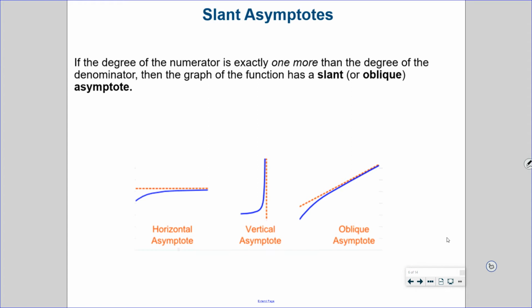So your actual slant asymptotes, I often abbreviate these as SA. They're going to be a linear function. These mean the same thing, slant and oblique. Your book uses slant more commonly, but oblique is the same thing. And what we'll have to do to find these is we'll have to use division.